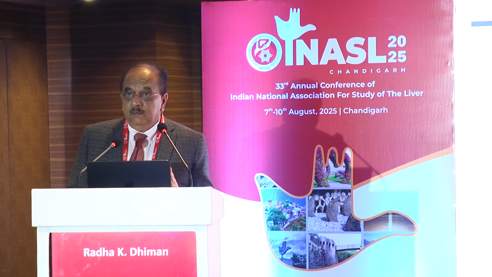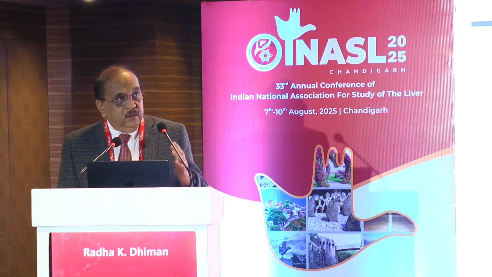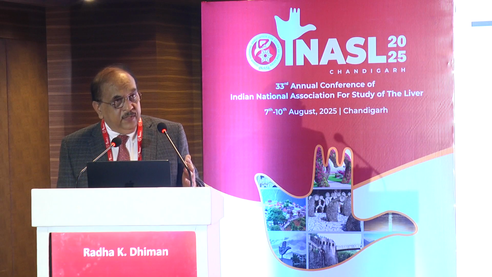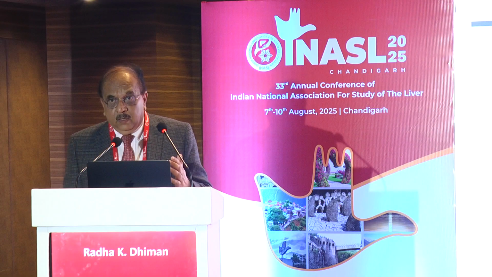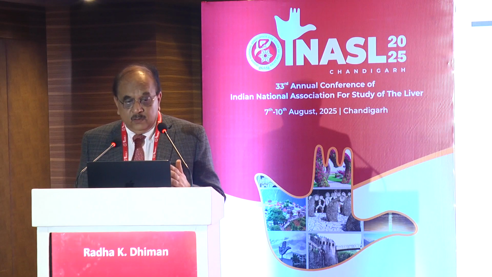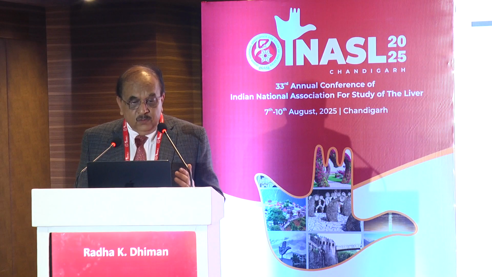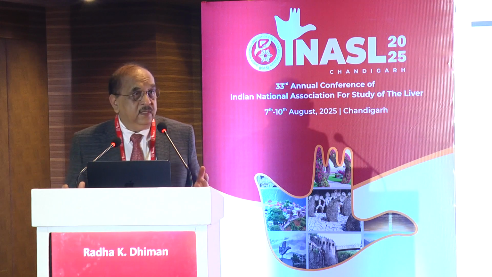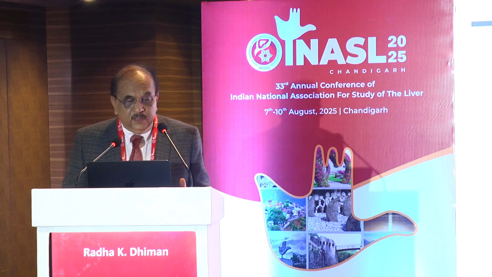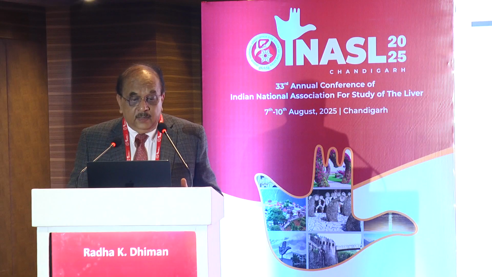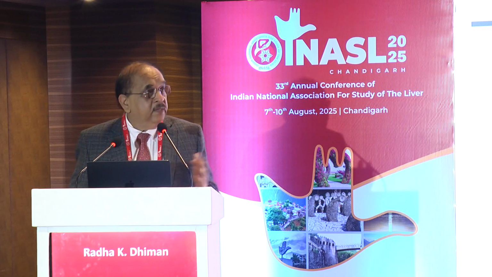For the management of the biliary stricture, nowadays people are putting self-expanding stents also, but before that we used to put multiple stents. Here is the biliary stricture, which is being dilated by the balloon radial force, and after that you can put multiple stents.